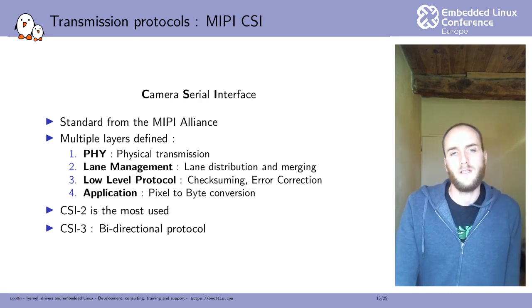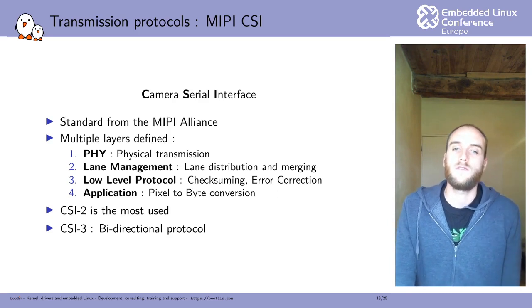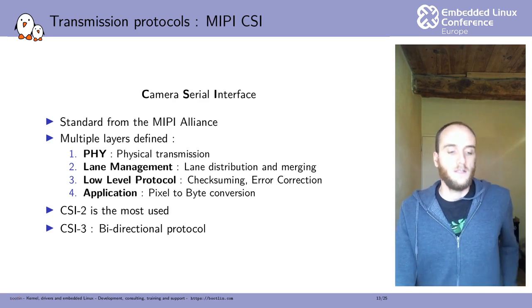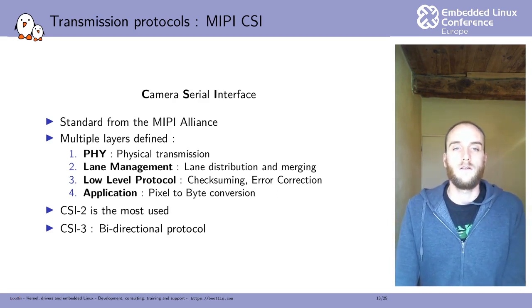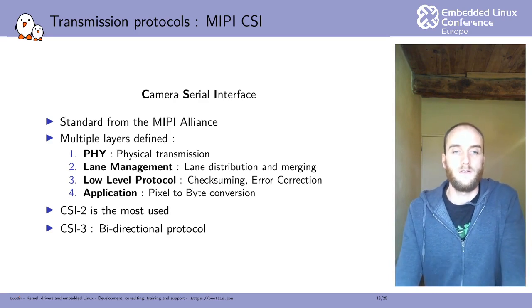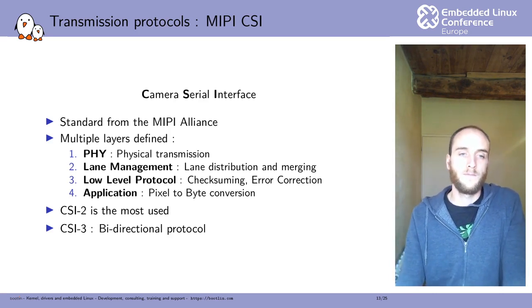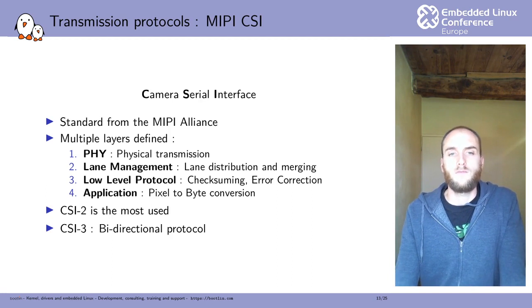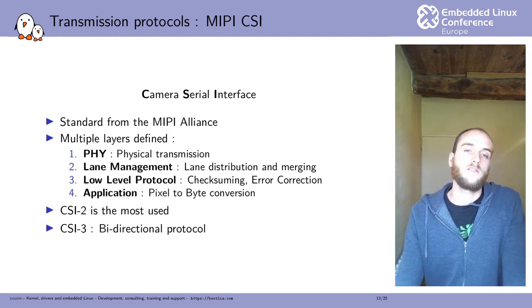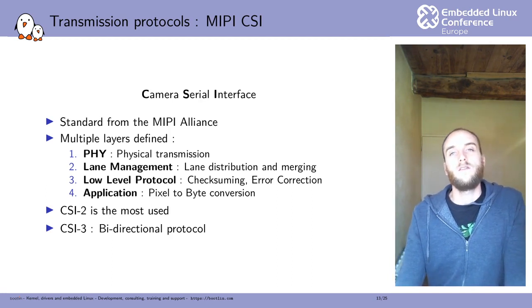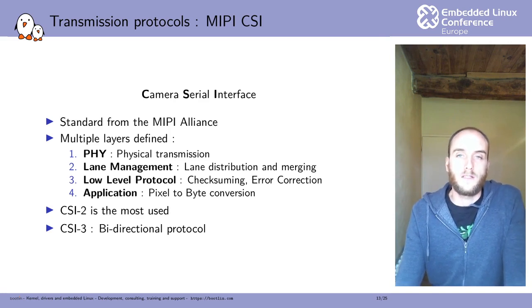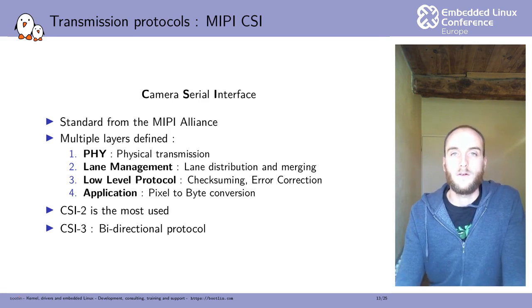Then you have a lane management layer, so we will see what this is used for. It's mainly about splitting data into multiple lanes to transmit your information. Then you have a low-level protocol layer, which deals with checksumming and error correction, and then the application layer. This one is mostly dealing with the pixel to byte conversion. So how do you represent a pixel on the wire in your CSI interface?